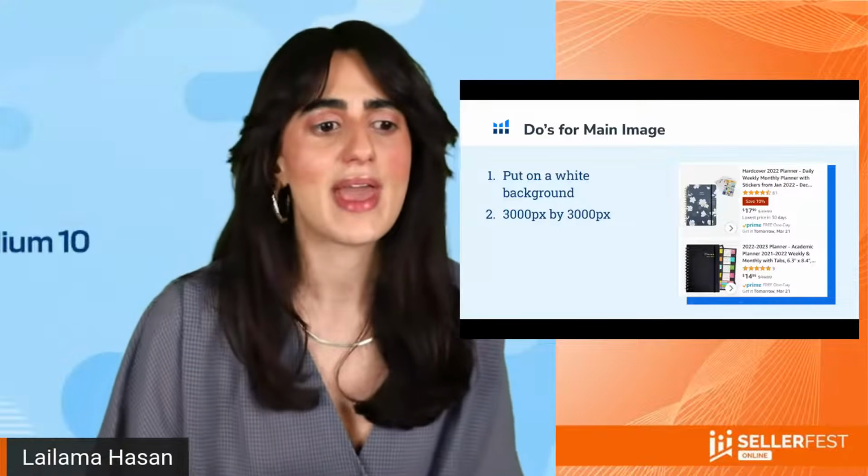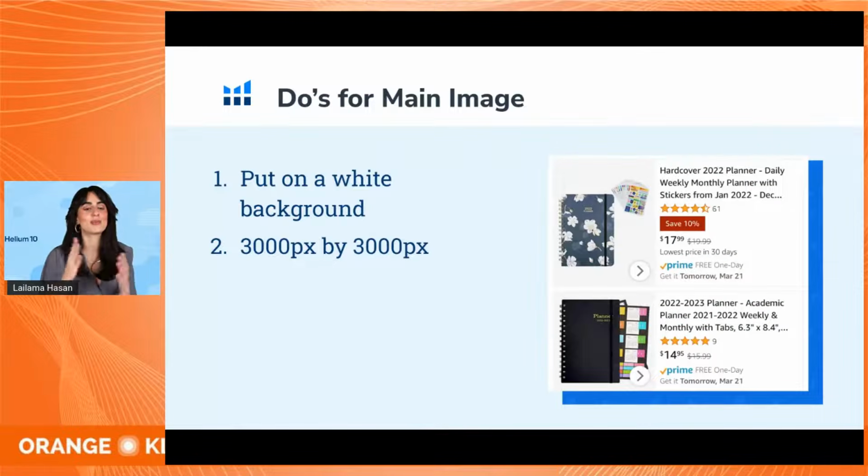And the second reason why I recommend 3000 by 3000 pixel images is that having that square image makes your product appear much larger. Now, in this slide, you can see that both products are very similar. They're both notebooks. But the lower item is appearing much larger and it's popping up a lot more. This is a screenshot I took from a mobile device's search results.